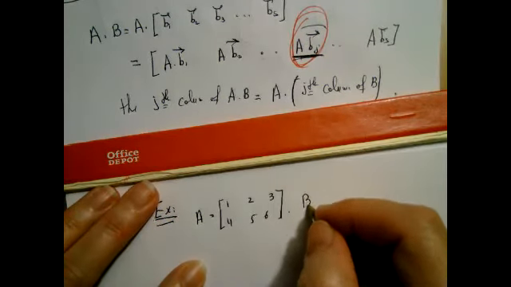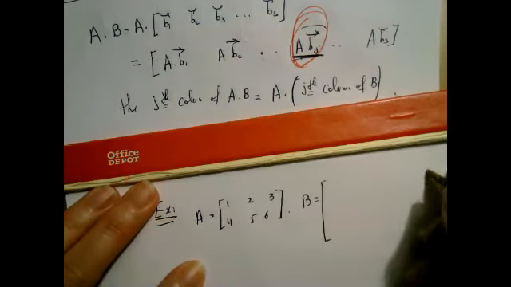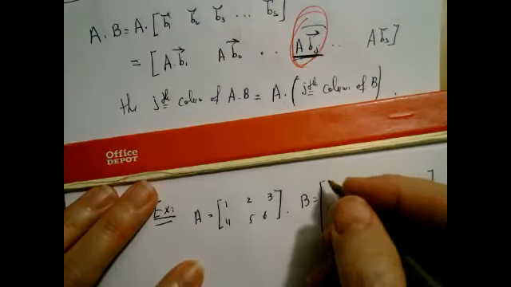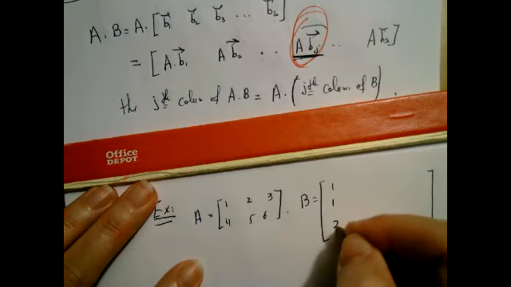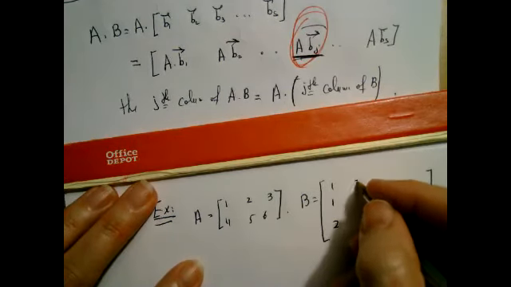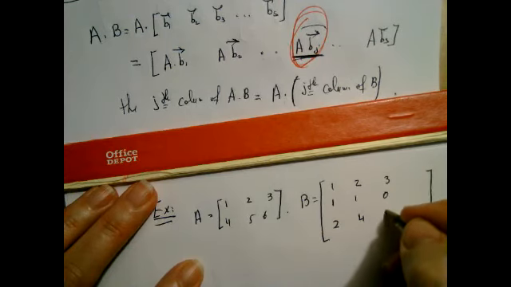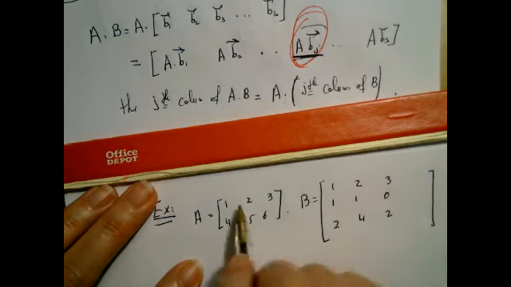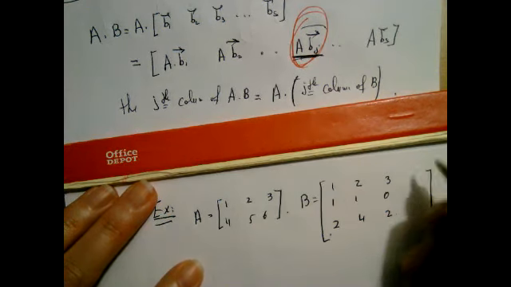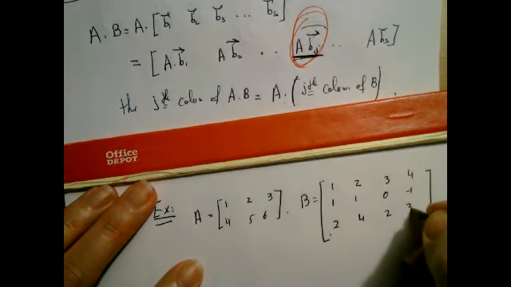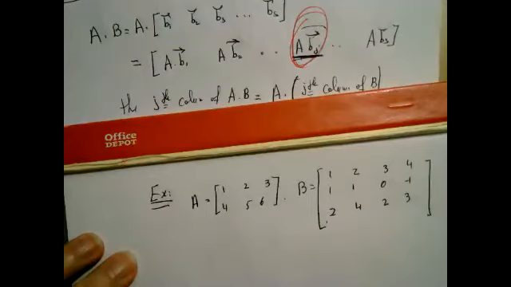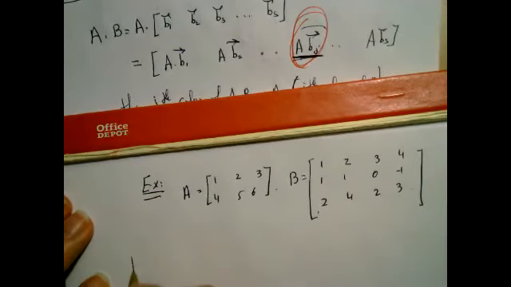And B is whatever. So I can put a bunch of numbers here: 1, 1, 2, 2, 1, 4, 3, 0, 2. It doesn't matter how many columns I have. I know that the product is defined. And let me make up some stuff in here: -1, 3.